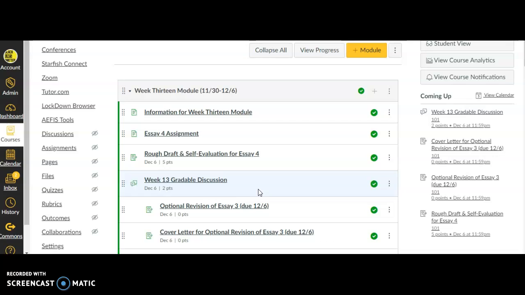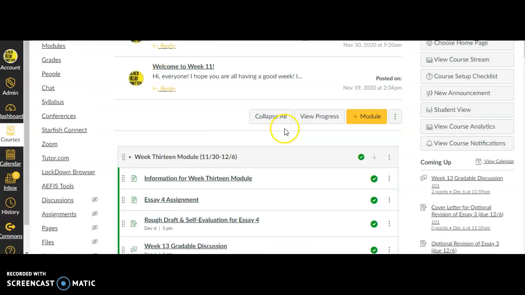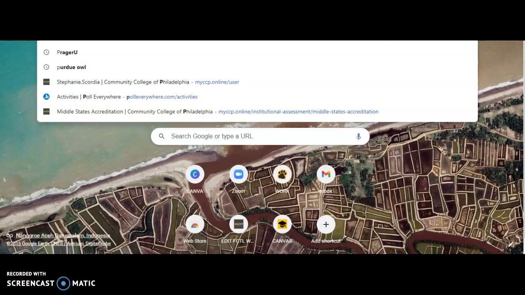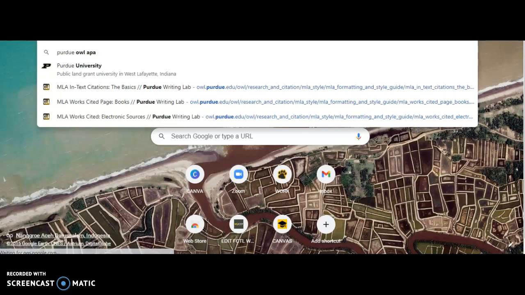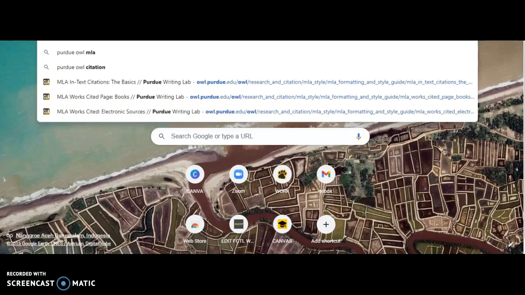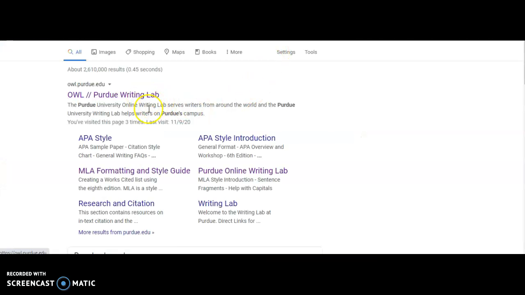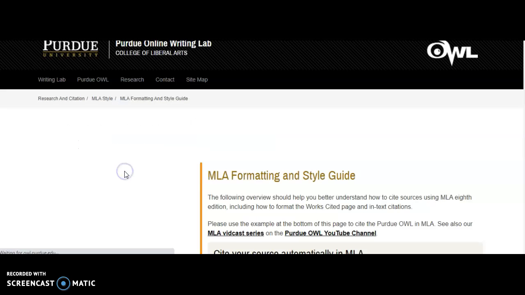I'm happy to answer them. If you have questions about citing, how to cite in your paper, I'm happy to go over that again. Don't forget there is the very useful site, the Purdue OWL, the online writing lab at Purdue University. We're using MLA, of course.